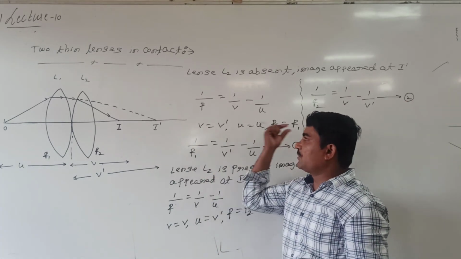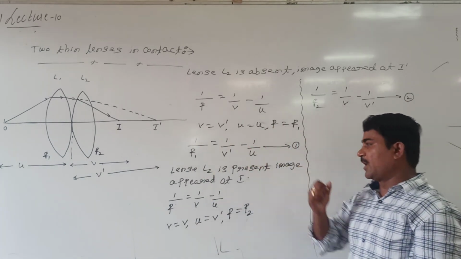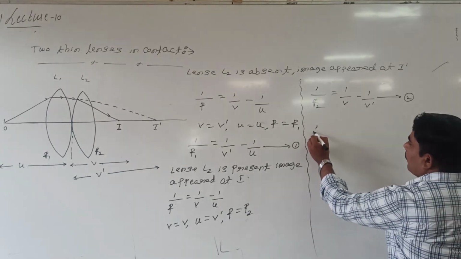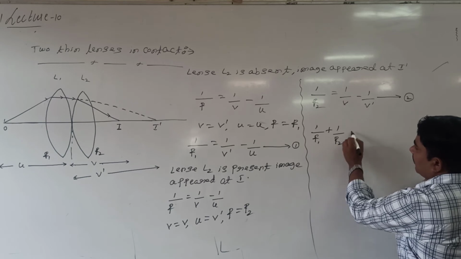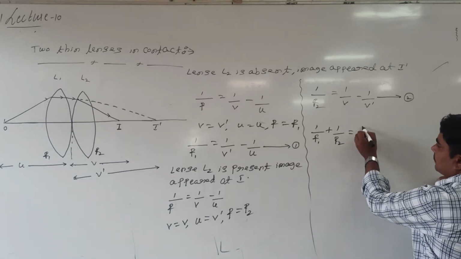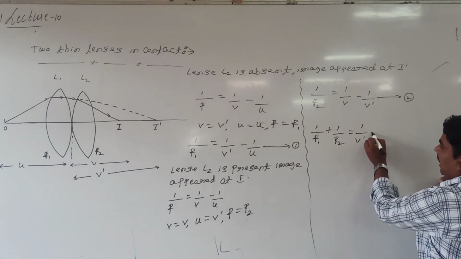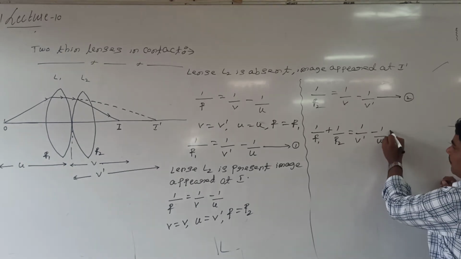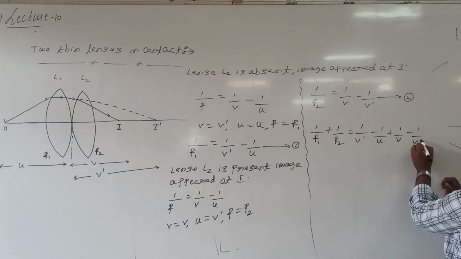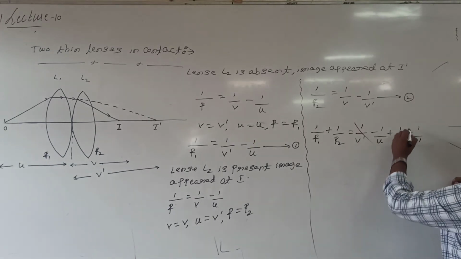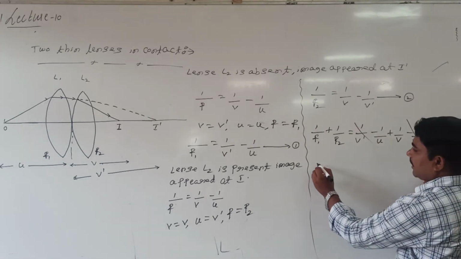Now combine equations 1 and 2, add equations 1 and 2, what will we get? Look at me. 1 divided by F1 plus 1 divided by F2, RHS: 1 divided by V dash minus 1 divided by U plus 1 divided by V minus 1 divided by V dash. This value gets cancelled.